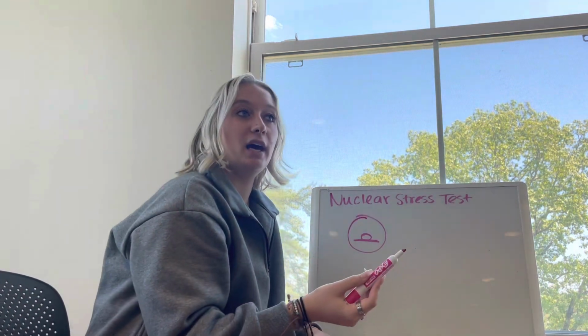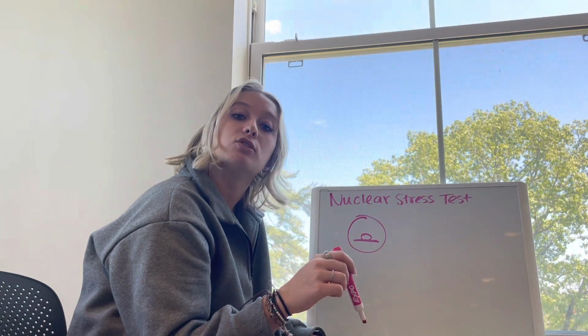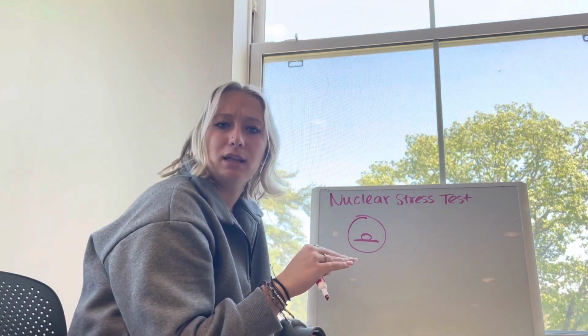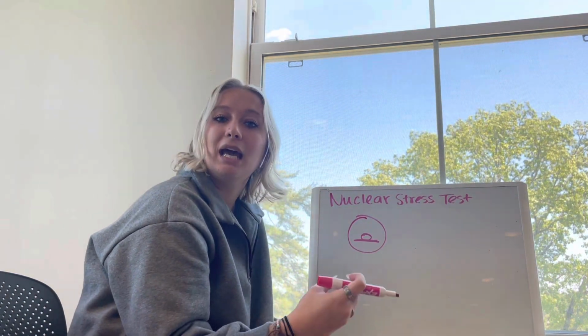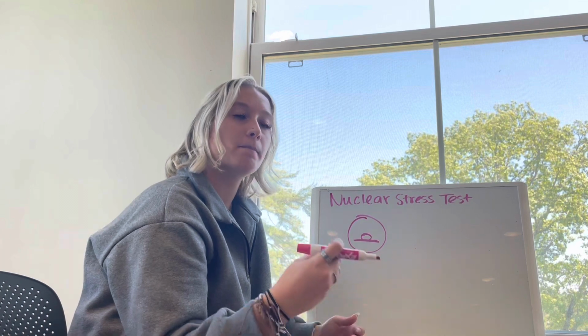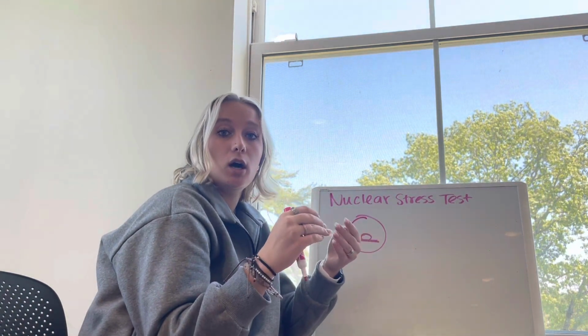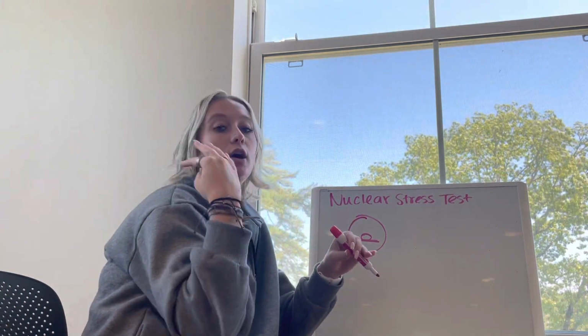But instead of getting an image of your soft tissue, it's not gonna show an image of anatomy. It's going to show where the tracer is, it's going to trace the radiation through the heart.